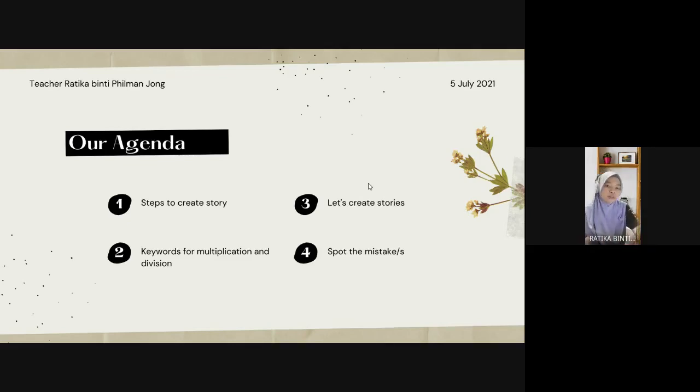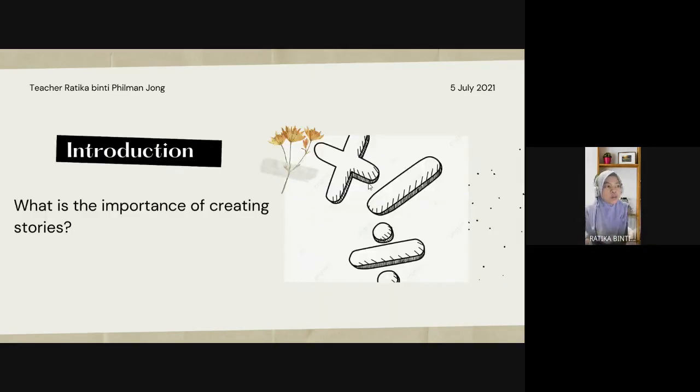Okay, so what is the importance of creating stories? Creating stories is important for you to understand the situation in division and also multiplication. If you want to answer problem solving question, you need to understand the whole story of the problem solving given to you.